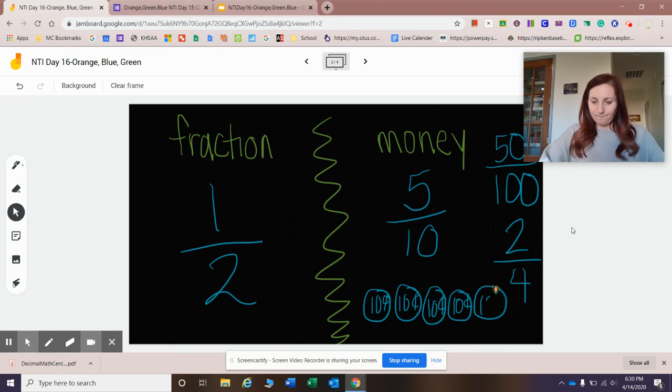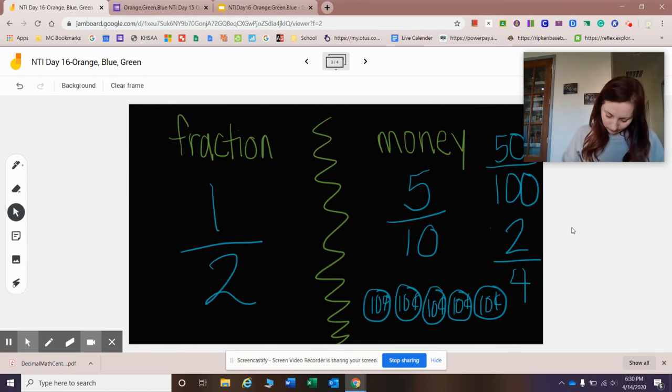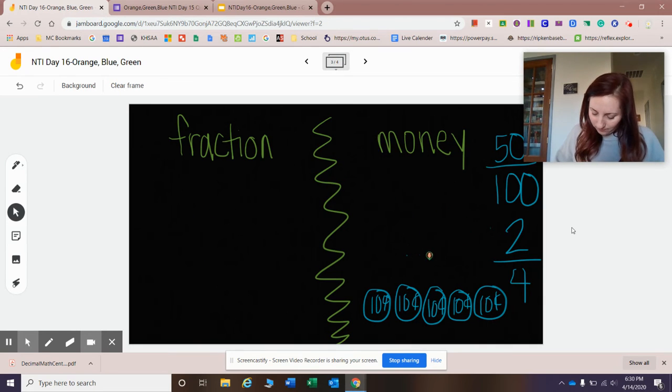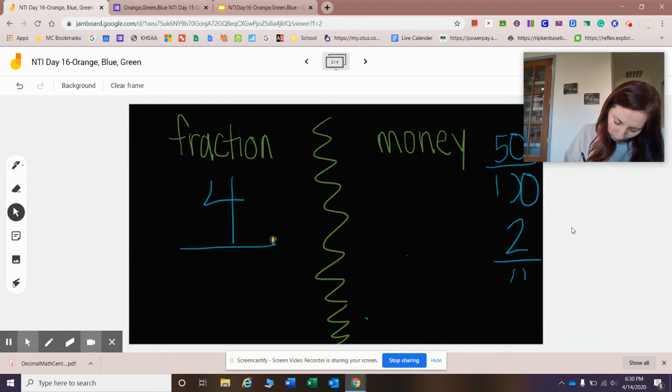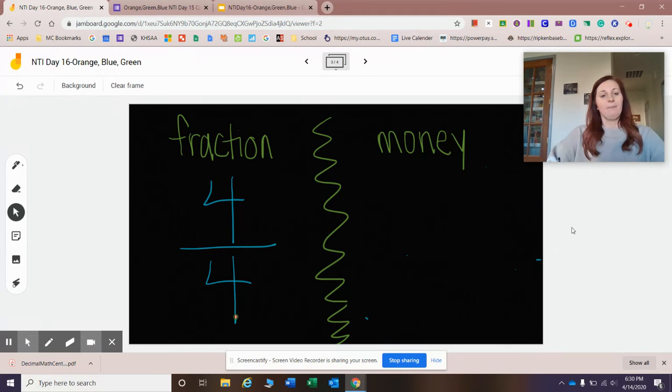See that? All right. Let's do one more example. Let's look at the fraction 4/4. Now, you guys know that 4 over 4 equals 1 whole. So if you're talking in terms of 4/4, that's 1 whole.